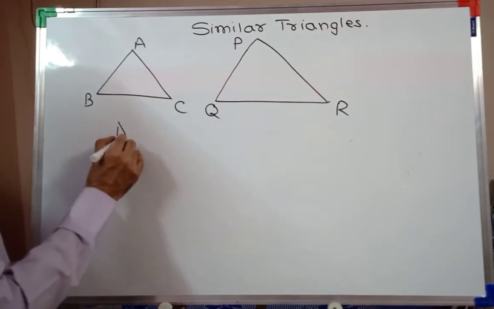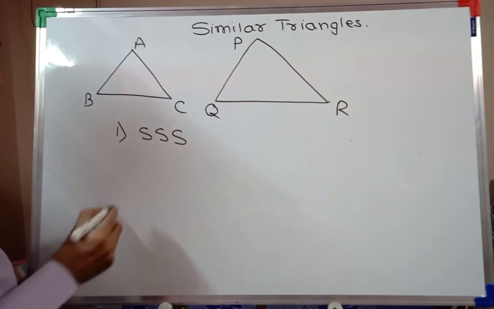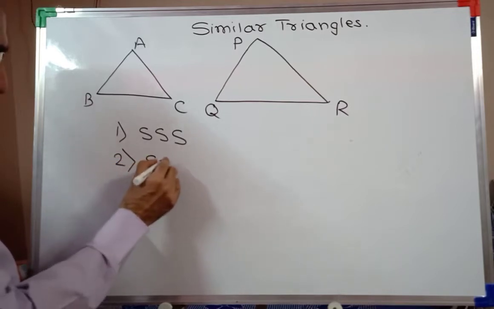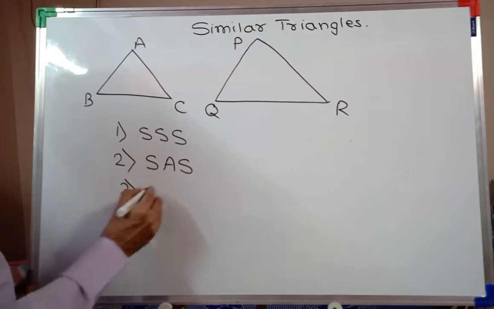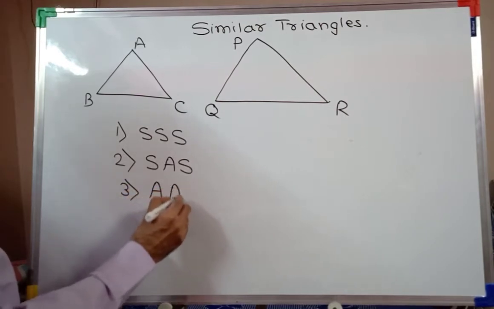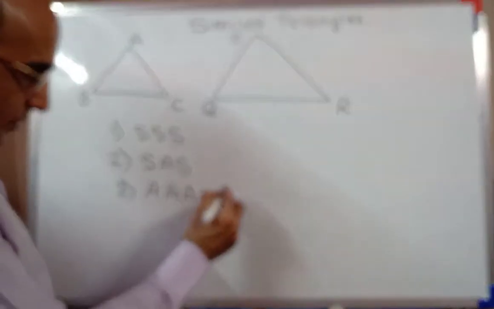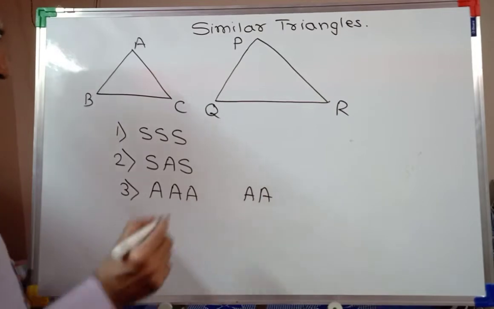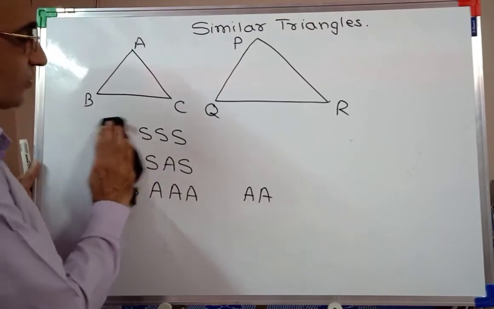First is the SSS test, the side test. Second is the SAS test. Third is the AAA test, which can be reduced to the AA test only. In this way we have 3 tests for similar triangles. Now we see these 3 tests one by one.